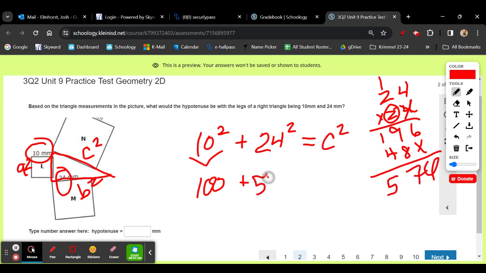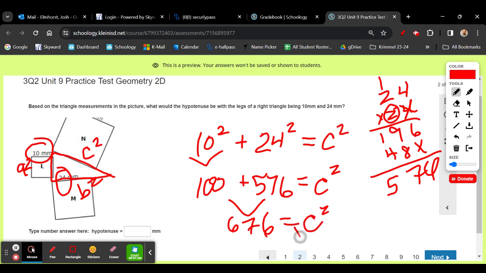So this is going to be 576, which is equal to c squared. We put these together, and that's going to give us 676, which is equal to c squared. And so let's see, looking at 25 squared, just an estimation, I believe that's 625.